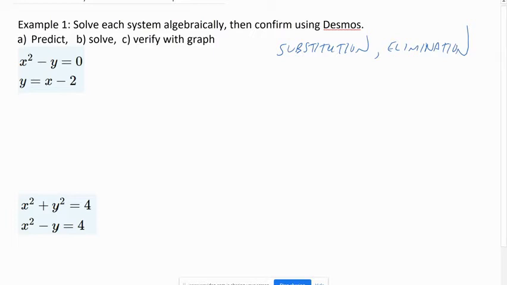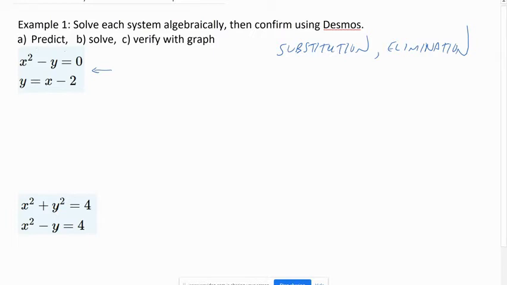Okay, and many of the problems can be solved using both of those. You can use one or the other and get the answer, whereas some, maybe only one of those two methods will work. So before we solve this system, let's try to make a prediction and decide how many solutions we think it's going to have.